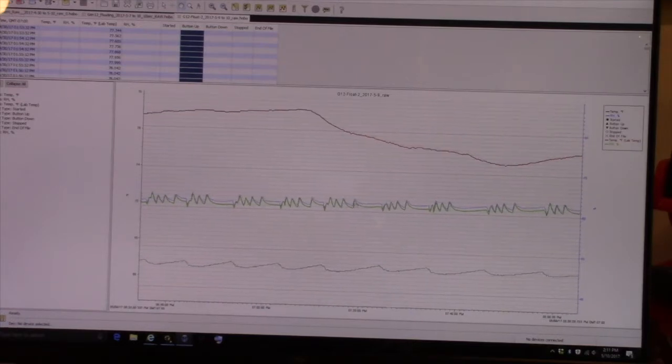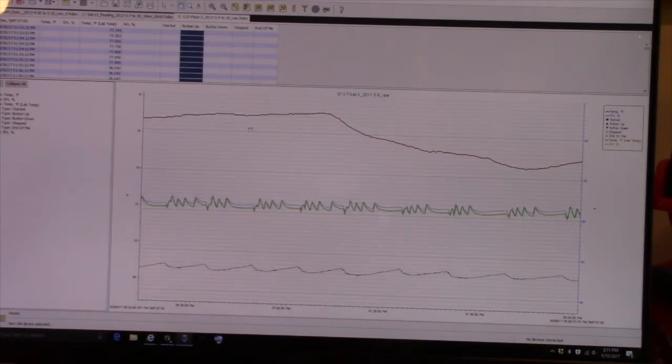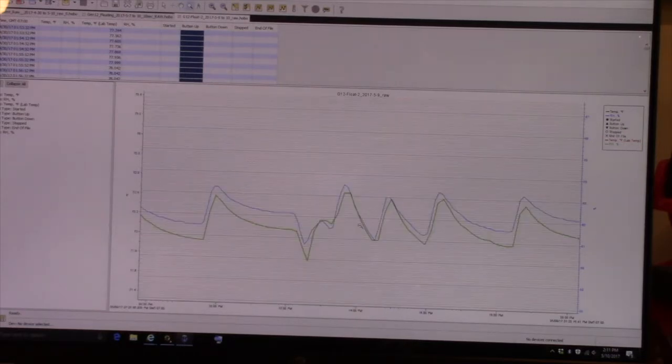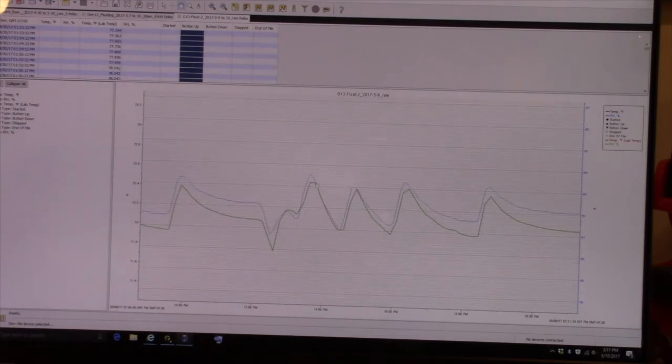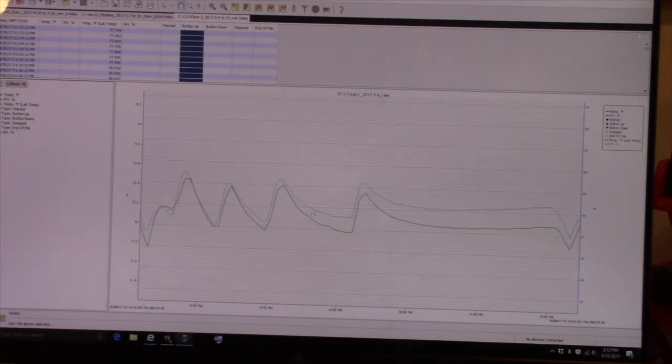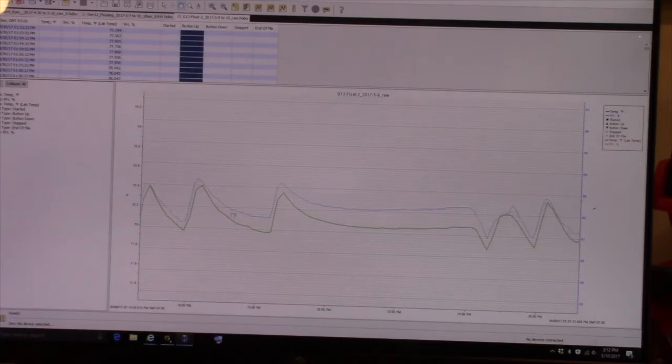And this is how we analyze the performance of these projects. This is where we can get down to the very particular and fine study of why the humidor is doing what it's doing, and why it's doing it over a period of time and over a period of seconds.